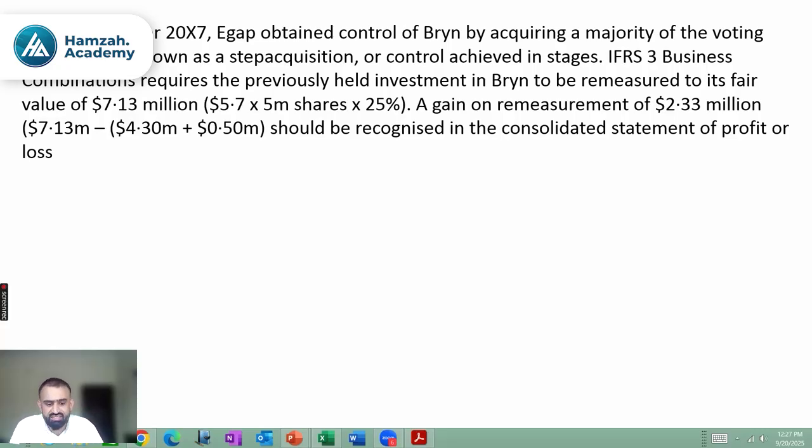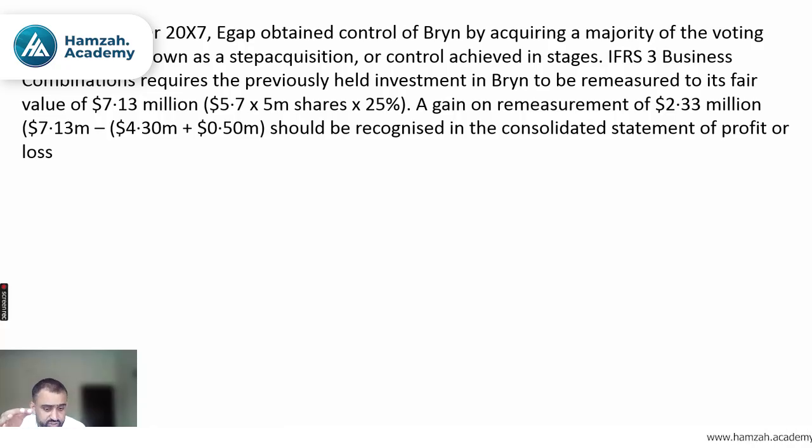Now, what is the fair value? The number of shares of that subsidiary company was 5 million. Out of 5 million, we have acquired a 25% share. So 5 million into 25%. And at the year end, 31st December X7, it is mentioned in the question, in exhibit number 1, that the value of the B company share at the date of acquisition was $5.7 per share.